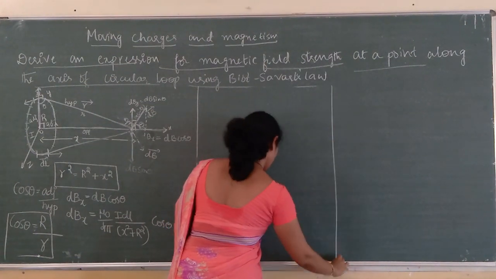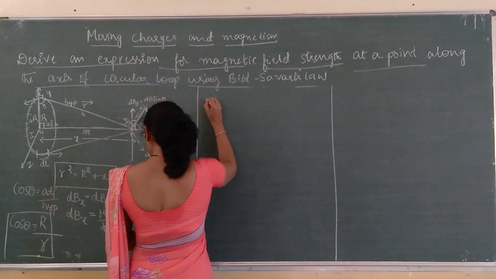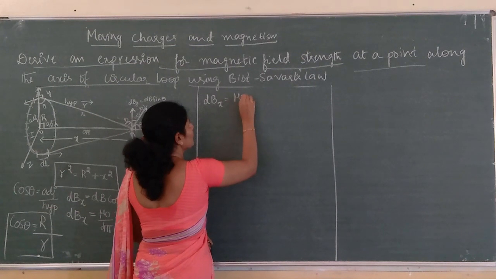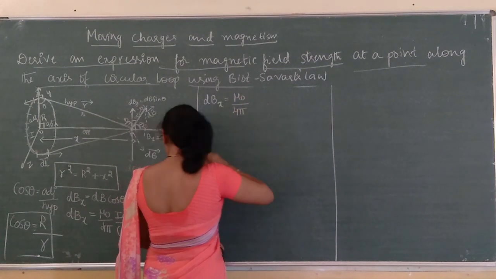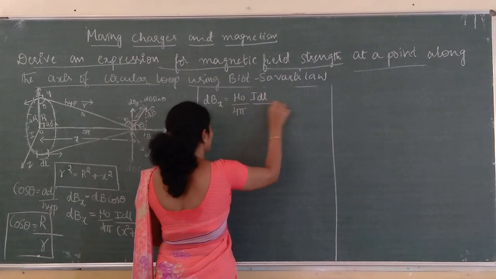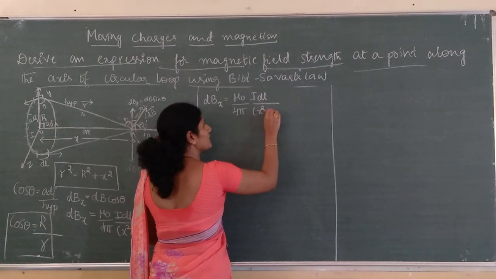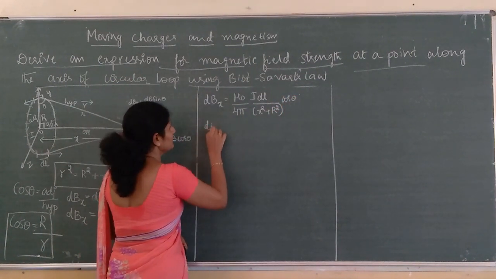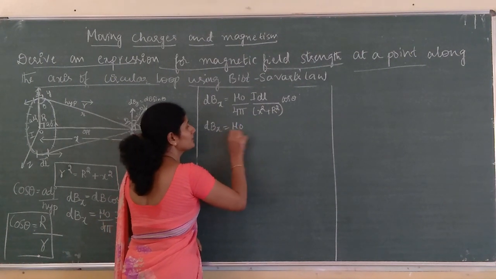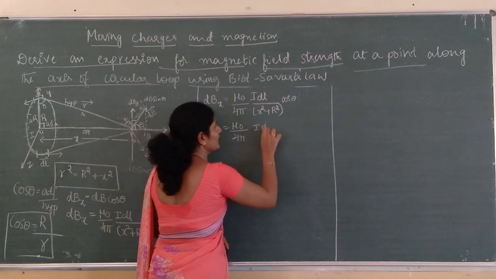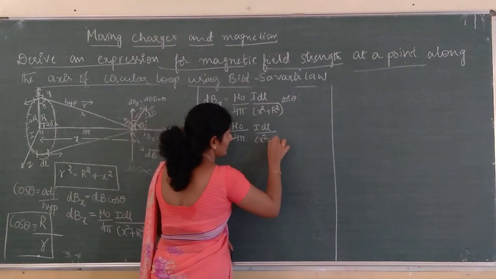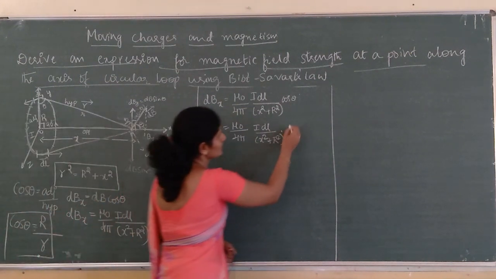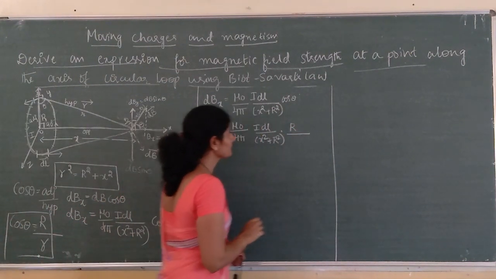So, now dBx is equal to mu naught by 4 pi I dl by x square plus R square into cos theta, which is nothing but R by r.